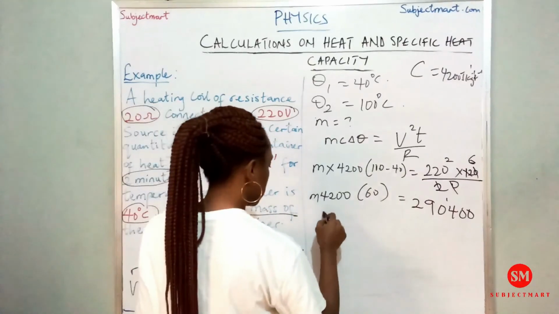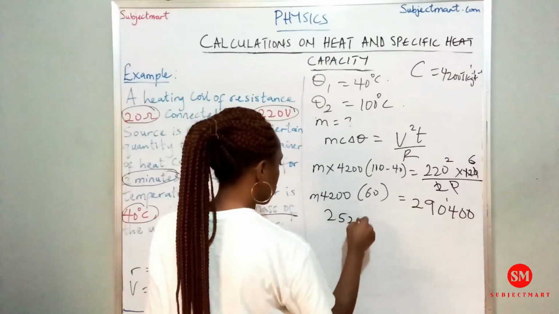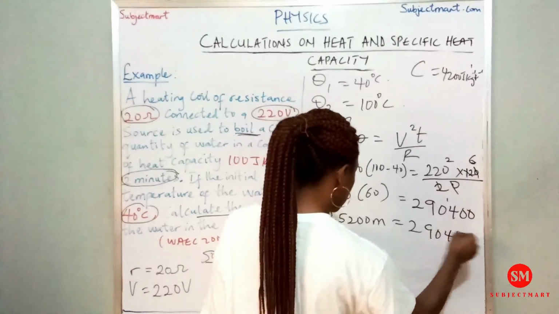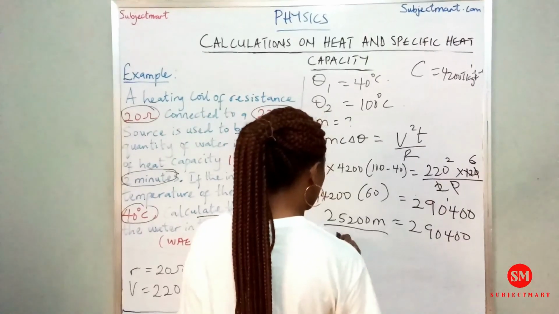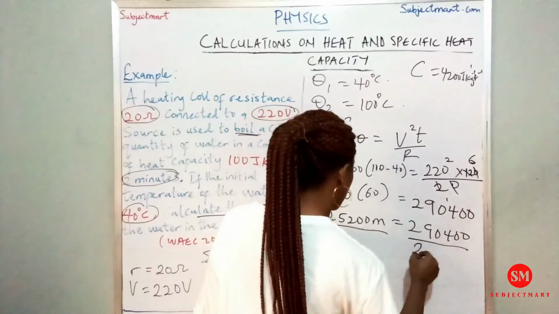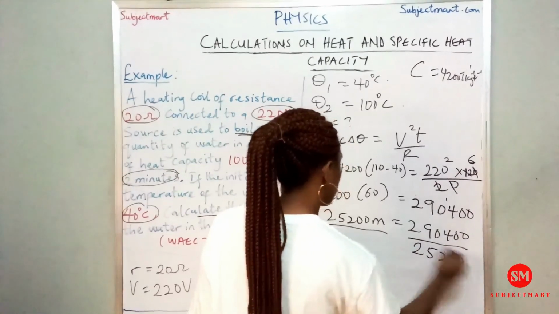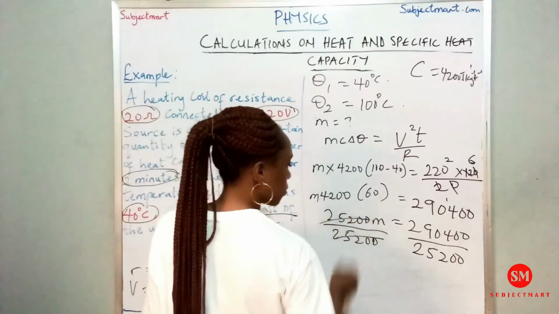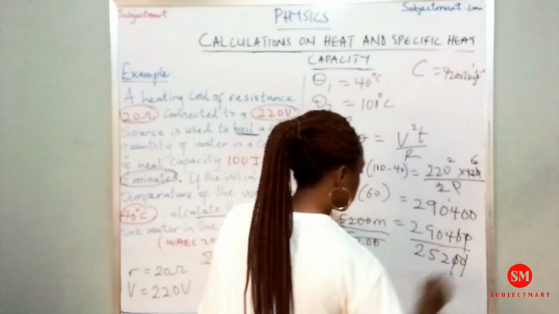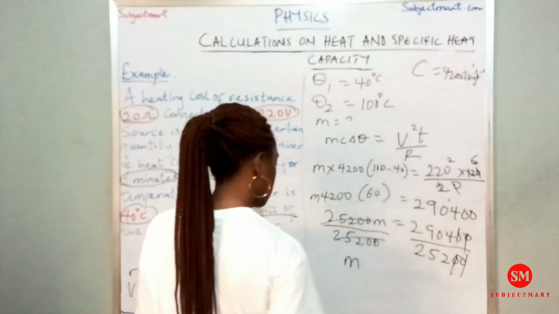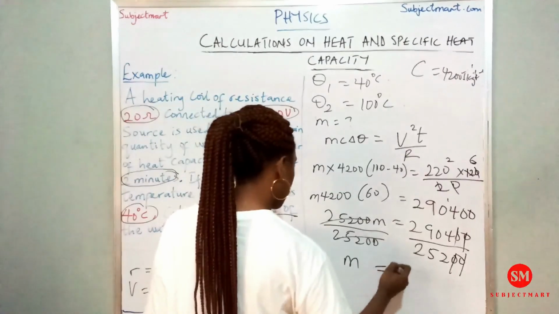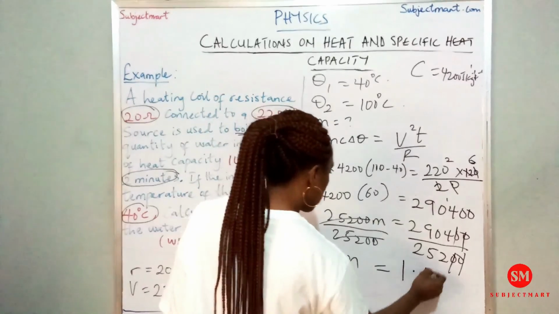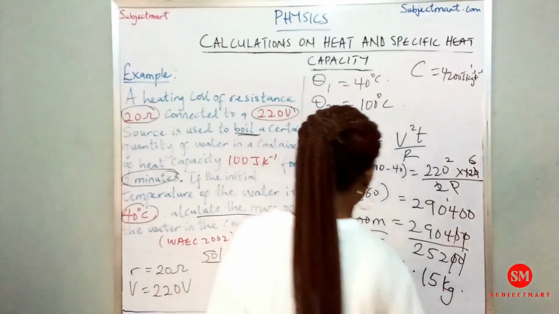And this is 25,200 M, 290,400 all over. So my M here is equal to 1.15 kilogram.